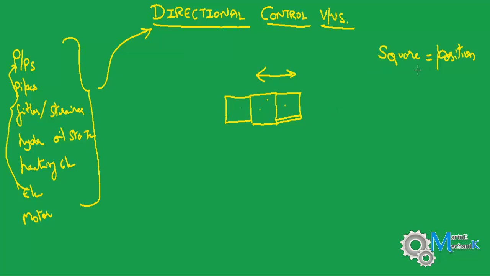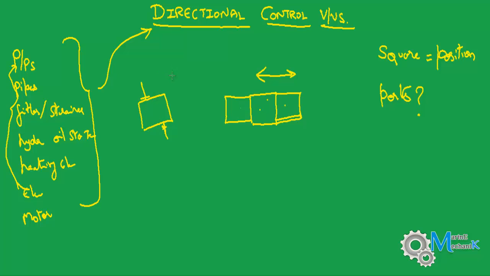Now you would be asking about a new terminology which I used, ports. What are ports? Ports are nothing but drilled passages or holes through the control valve within which the oil passes through. Let's say you have a three position valve block like this, or let's draw a simple square. If I have this valve in the hydraulic system without any passages, there will be no oil flow through the system. The oil will stop at this point and stop at this point.